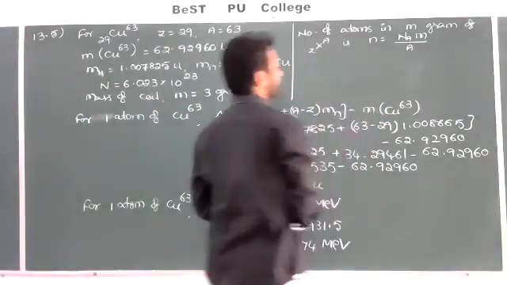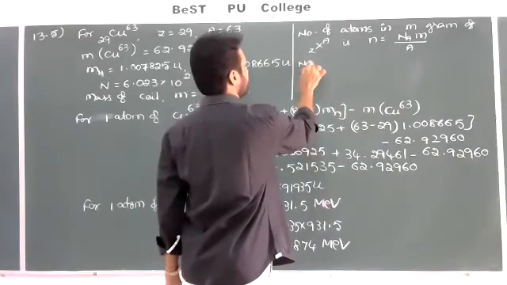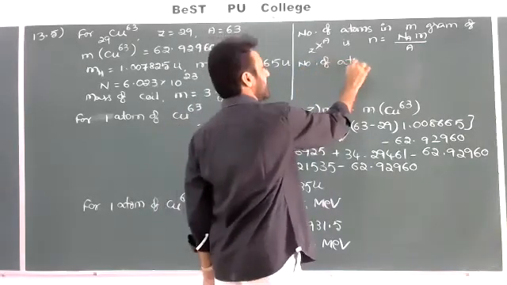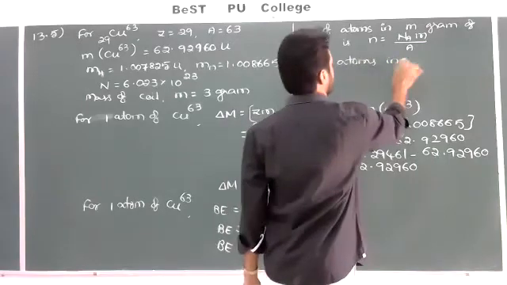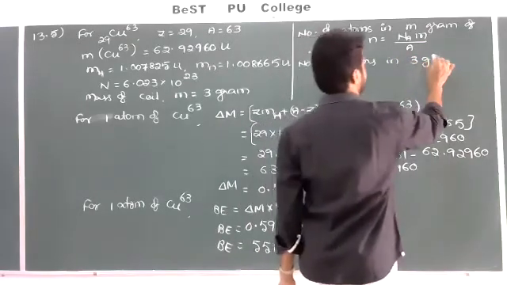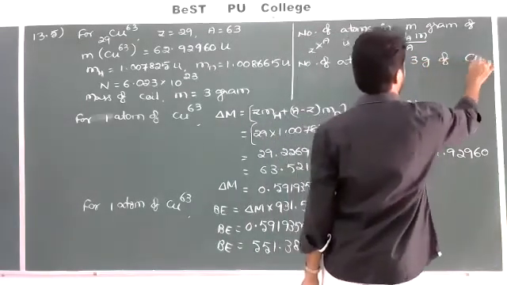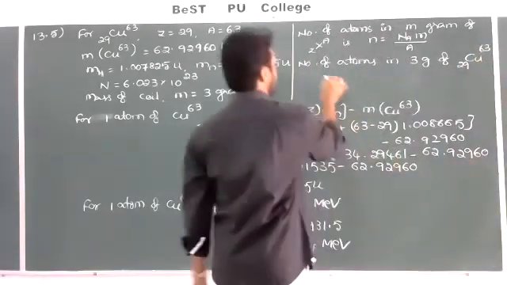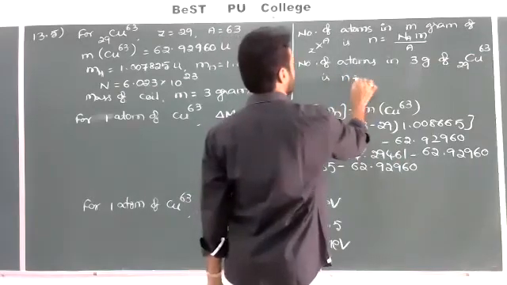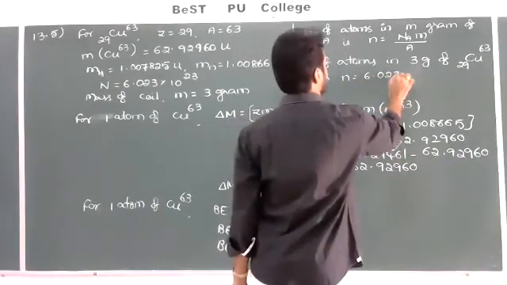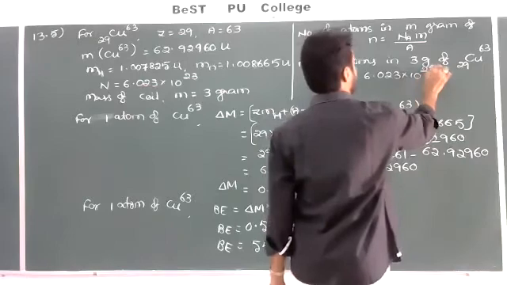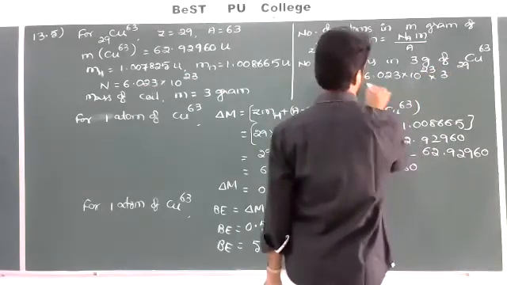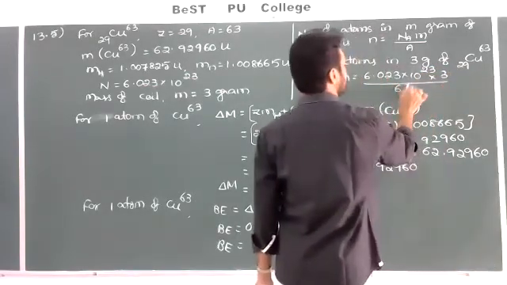Now we substitute here. The number of atoms in 3 grams of copper 63 is N is equal to 6.023 into 10 to the power of 23 into 3 grams divided by the mass number 63.